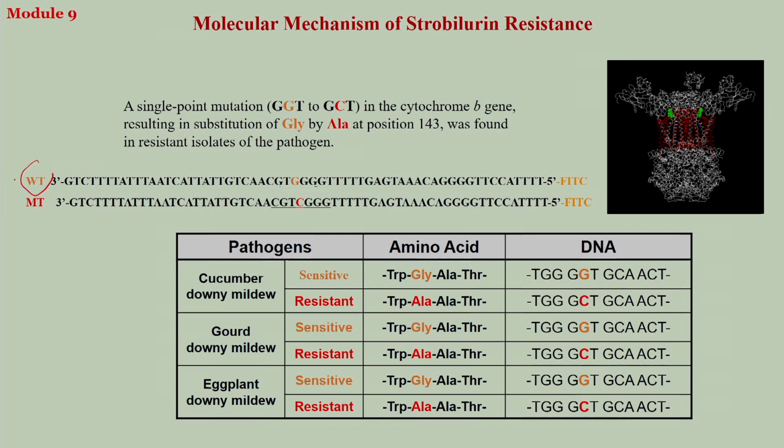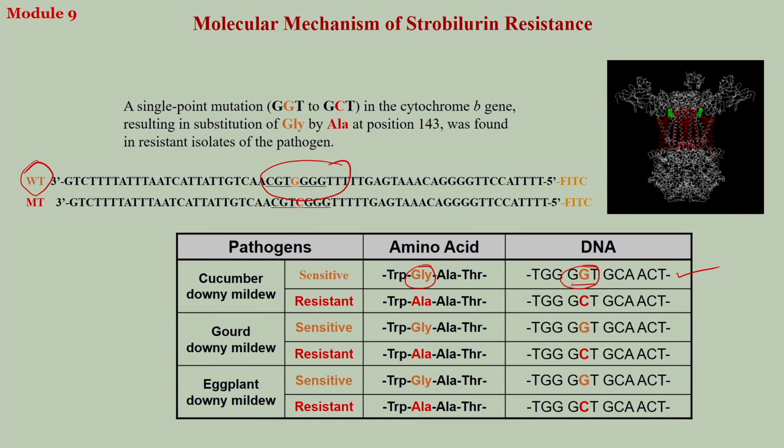So, this is the sequence of the wild type DNA that is present in the pathogen or in the fungi. This is the most important part of it. So, this is the parent DNA, GGT, and this actually codes for the amino acid glycine. That is the function of this codon of the wild type DNA.